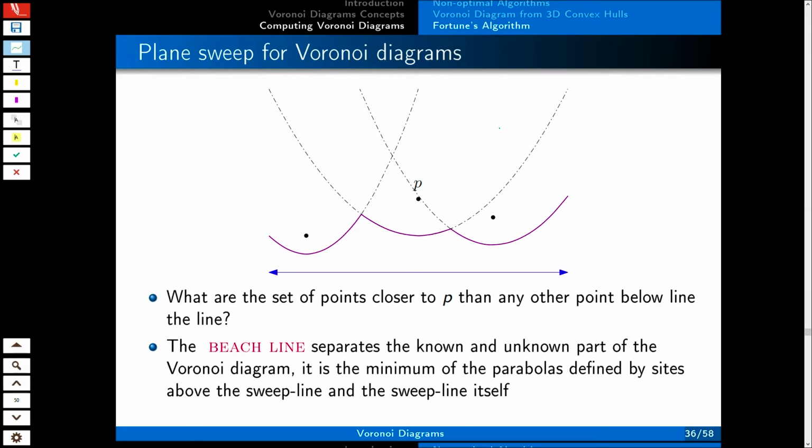This will be the union of these 3 parabolas. How they will distribute the points among themselves is a different question. Are you convinced that any point above this curve will be closer to one of the points, say P1, P2, P3, than any points below the sweep line?